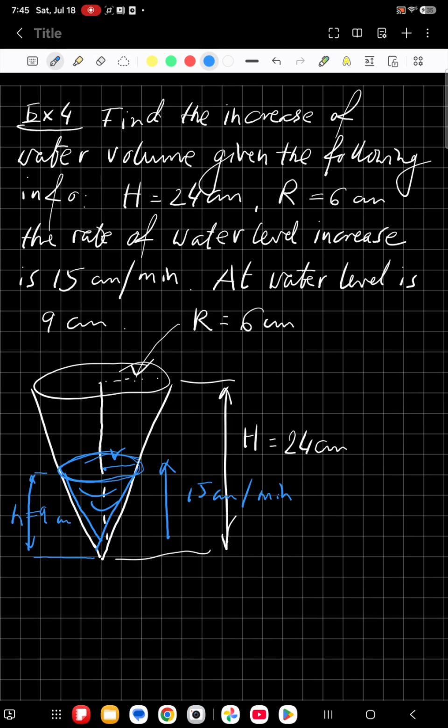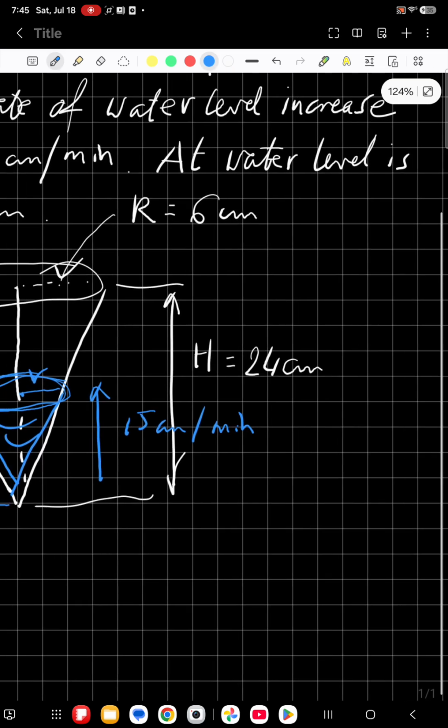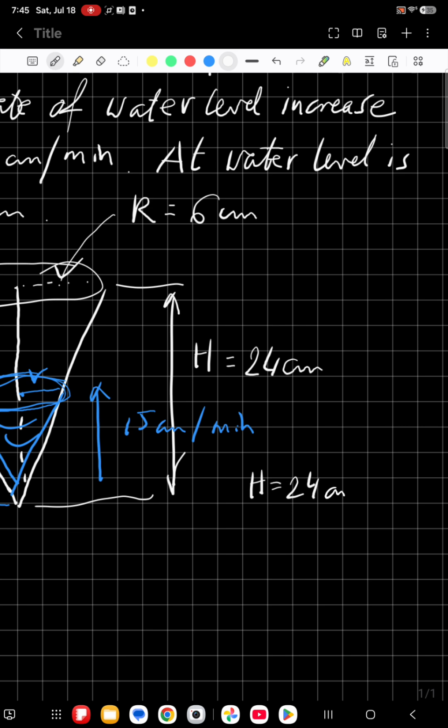Let me write here in the corner what we know and what we need to find out. So let's start with the dimensions of the tank. So height of the tank is 24, radius 6. Then I have the lowercase h, so that's the level of the water at which we need to find that volume increase. It's 9 centimeters.